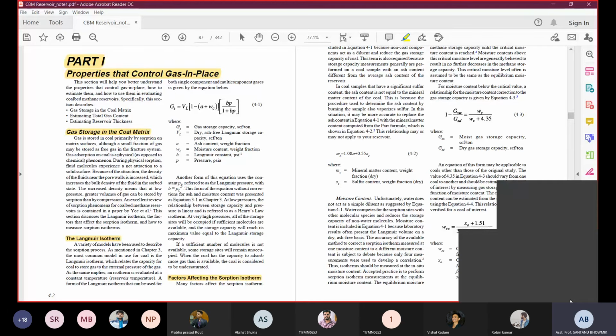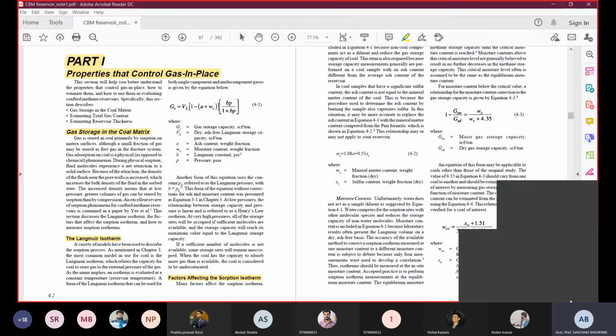The VL is the Langmuir volume, and mind that they have assumed the dry and ash-free basis, the DAF basis, of the gas adsorption. VL is the Langmuir volume, defined as the maximum gas storage capacity at some fixed temperature with infinite pressure.